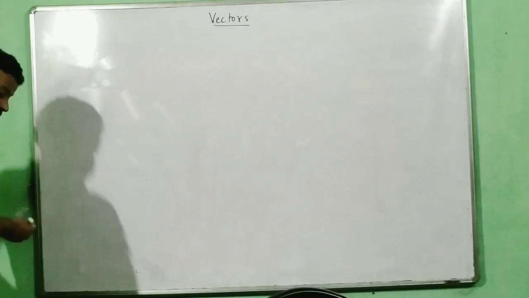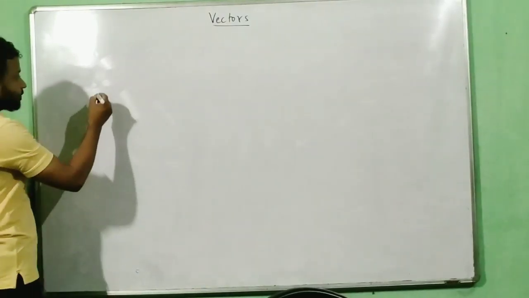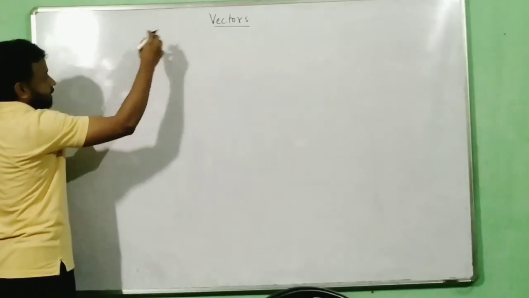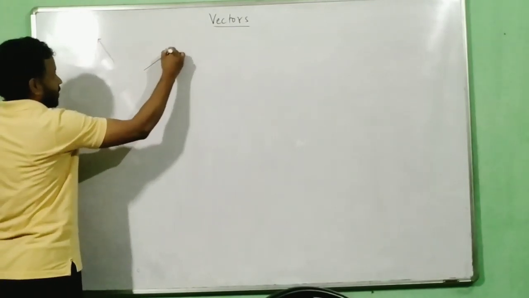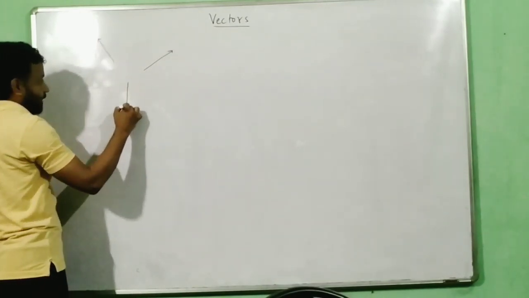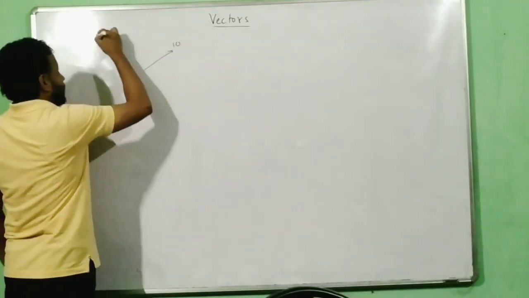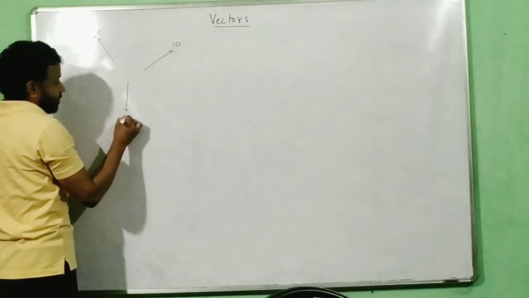One more question, let's try to find out. Say that in a space I have a scattered vector system. So let us say one vector is acting along this direction, one vector is acting along this direction, and one vector is acting along this direction. Let's say this vector is 10, this vector is 20, and this vector is 5.